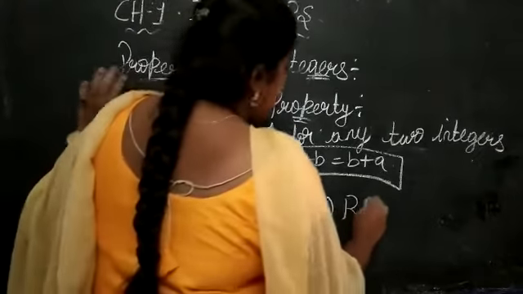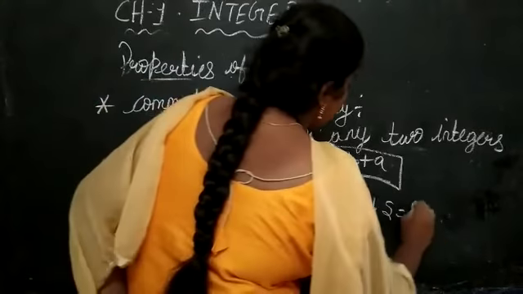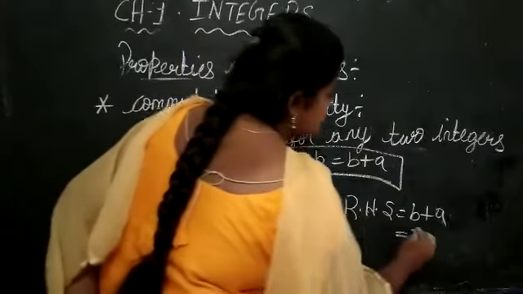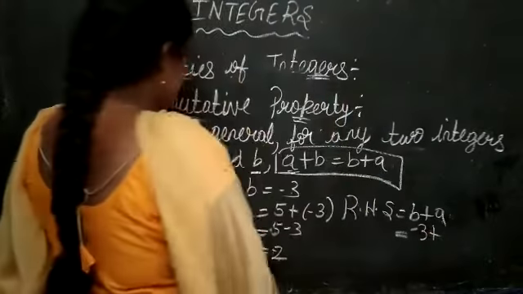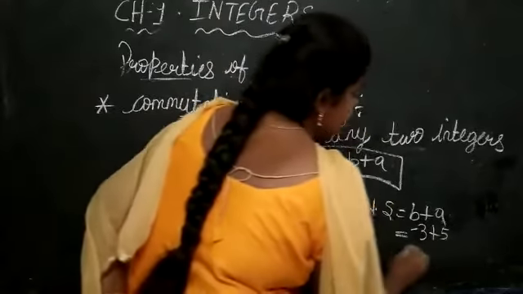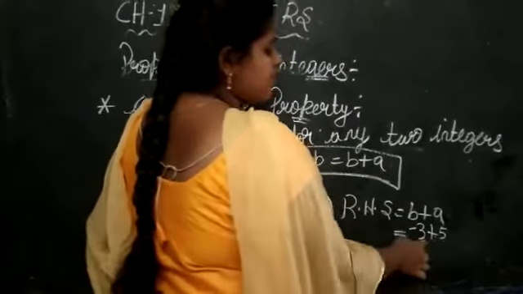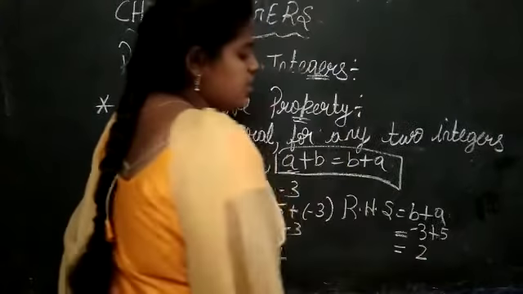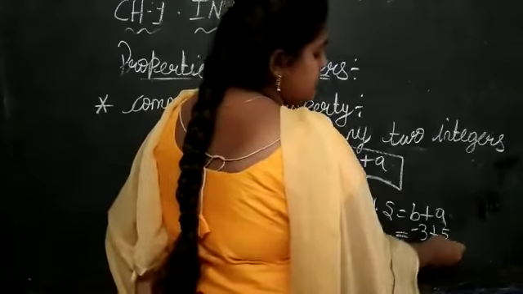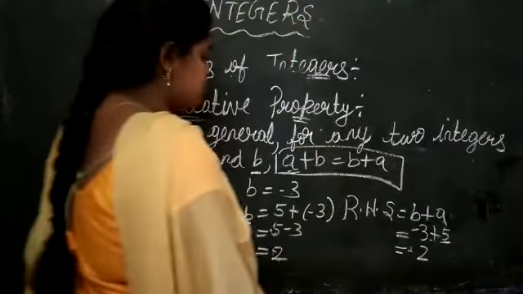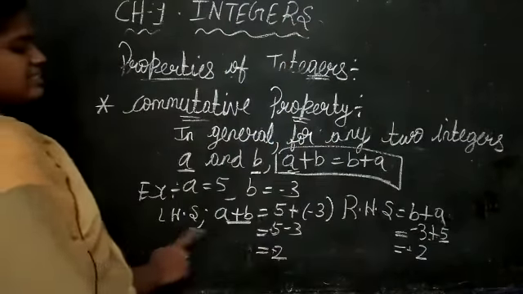Now check the RHS. Your RHS is b plus a. b value is minus 3 plus a value, positive 5. Plus of minus is minus, so you need to do subtraction. 5 minus 3 is 2. The bigger number is 5, so the sign is positive, and you get positive 2. Here LHS value is 2 and RHS value is also 2.